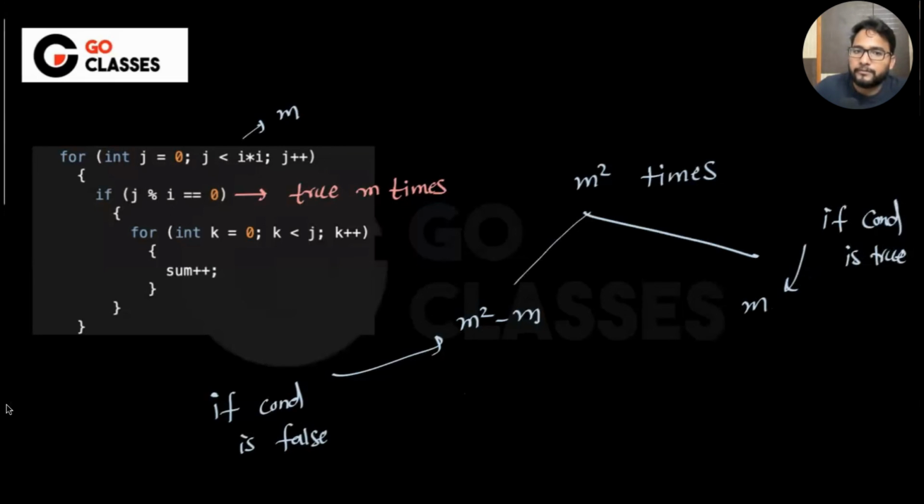Is this okay to everyone? This is going to run m square times, but out of those, m square minus m times the if condition will be false, and only m times it will be true.